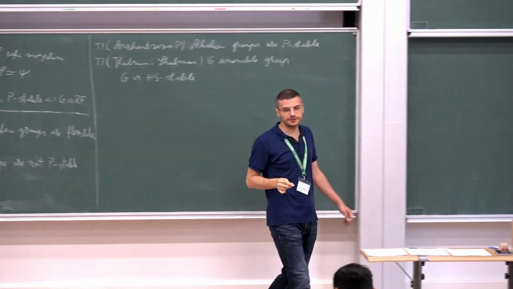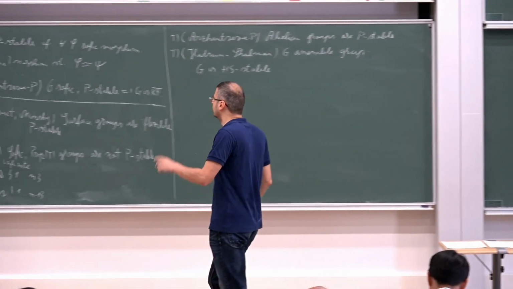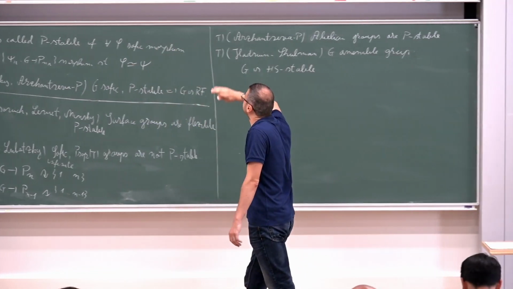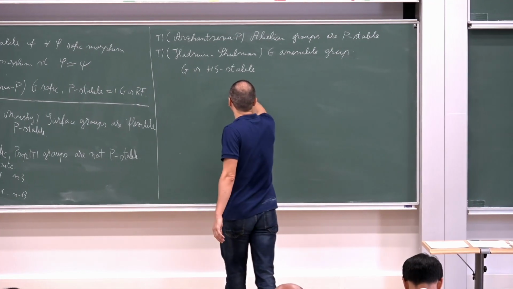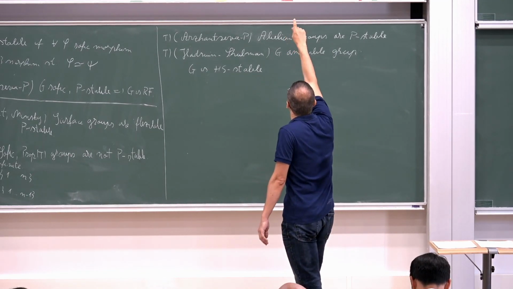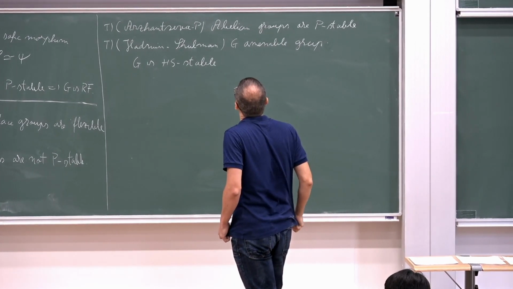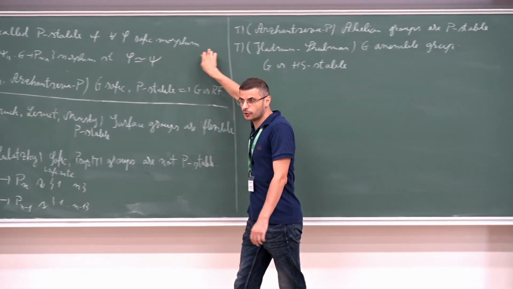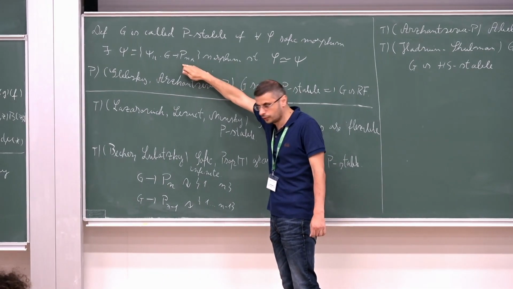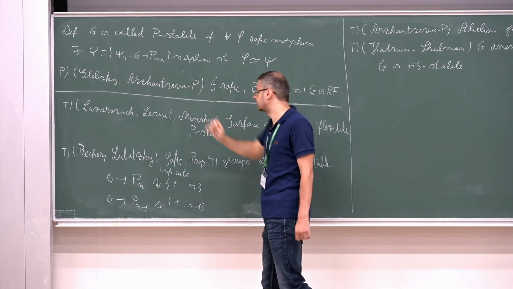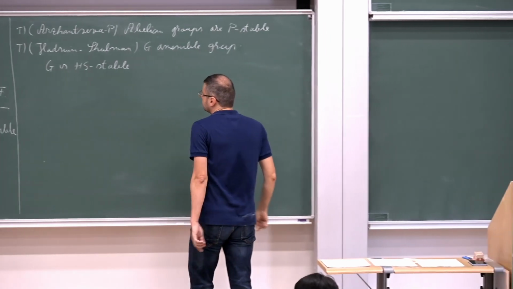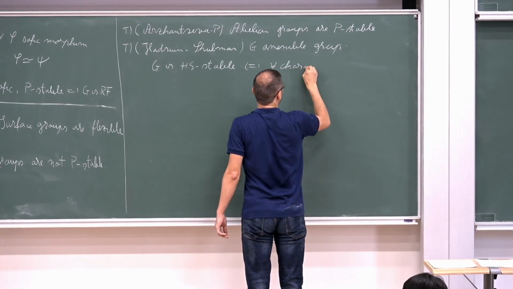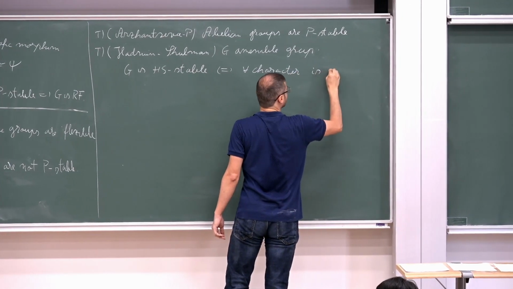Many of my definitions today come in two flavors, one for hyperlinearity and one for soficity, meaning one in unitaries and one in permutations. I didn't write what Hilbert-Schmidt stable is, but it's exactly the same definition as P-stability, the only difference is that you use hyperlinear morphisms and you want them to be close to a usual morphism in unitaries. It's the same flavor of notion. G is Hilbert-Schmidt stable if and only if any character is residually finite.